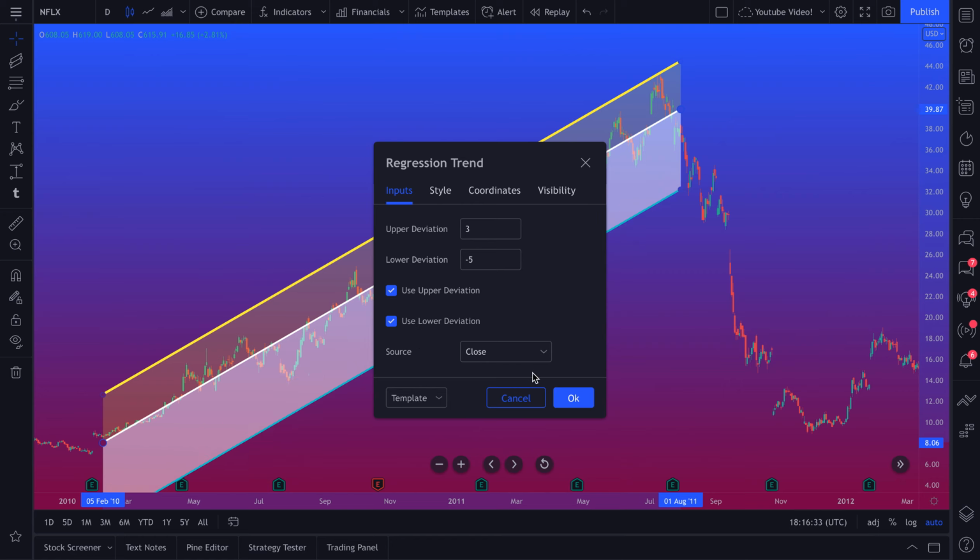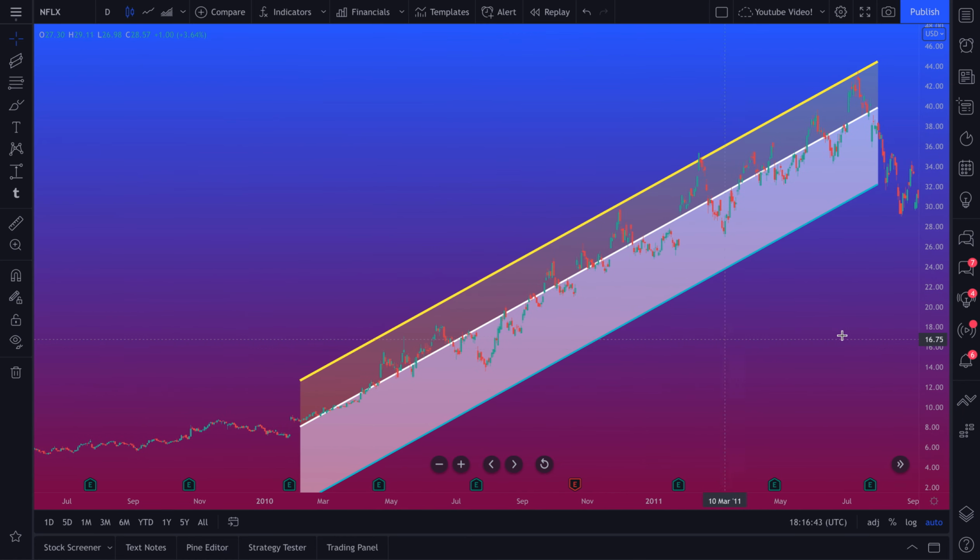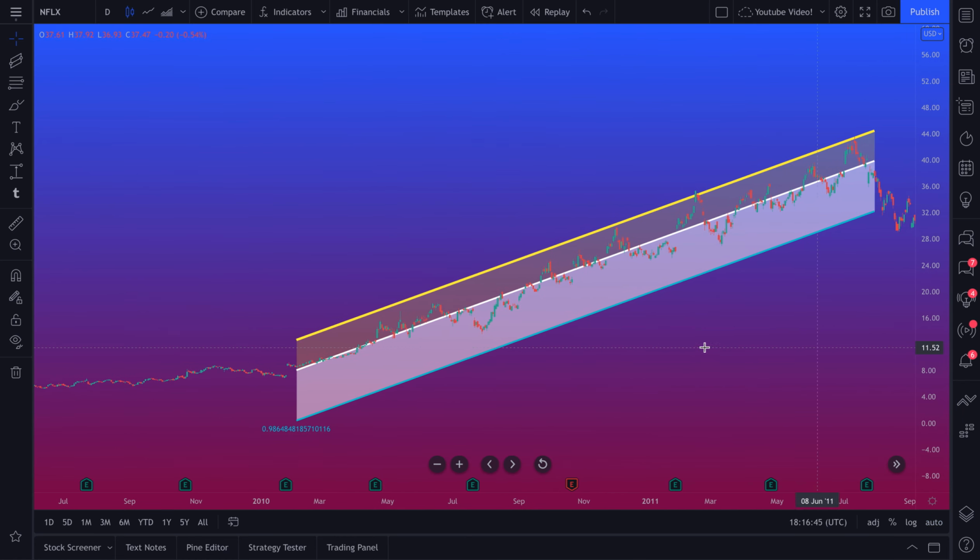lower deviation. So if you're familiar with statistics, this is really a dream tool because now you can draw and fact check your channels with actual math behind it and hard science, and you can get your regression trend right here. See this number? This is the regression trend.